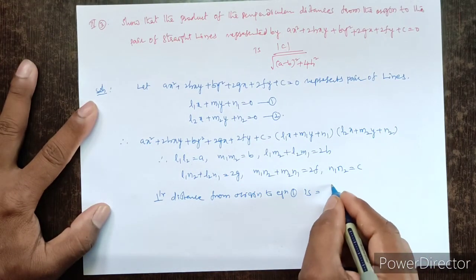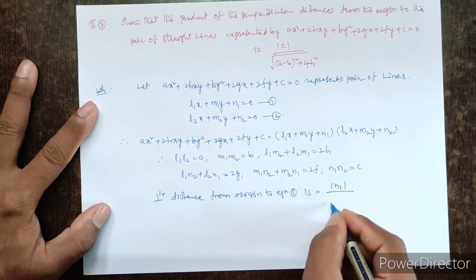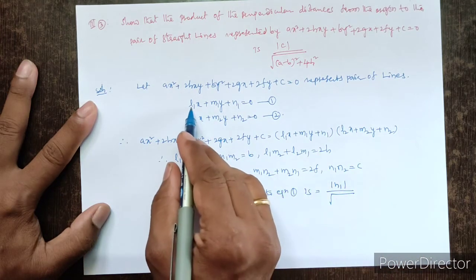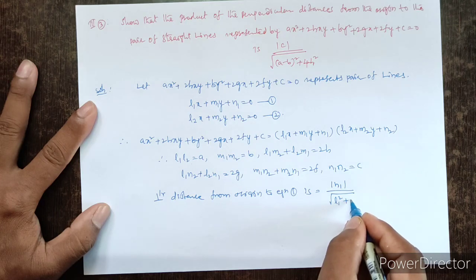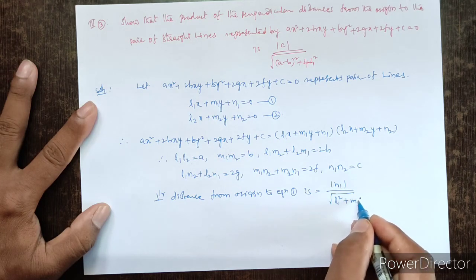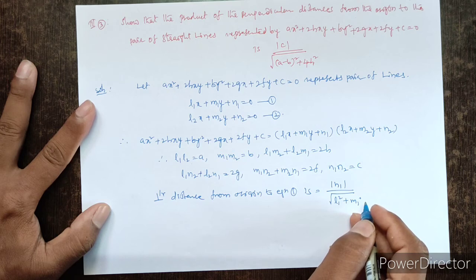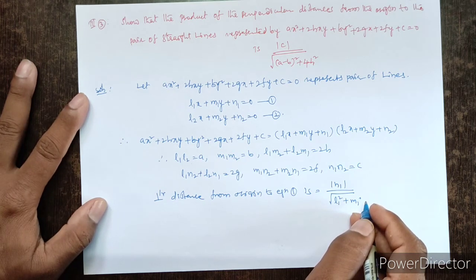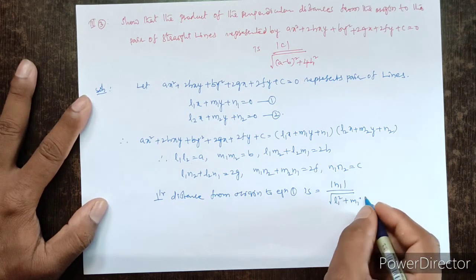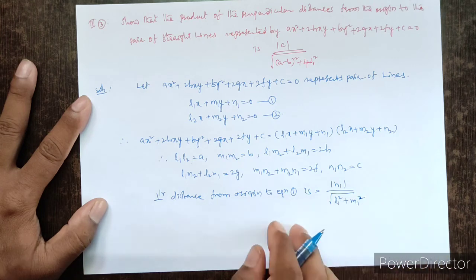So here it is modulus N1 by root of L1 square plus M1 square, so a square plus b square, this is M1 square.